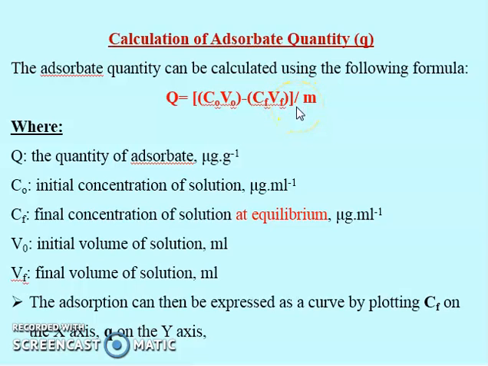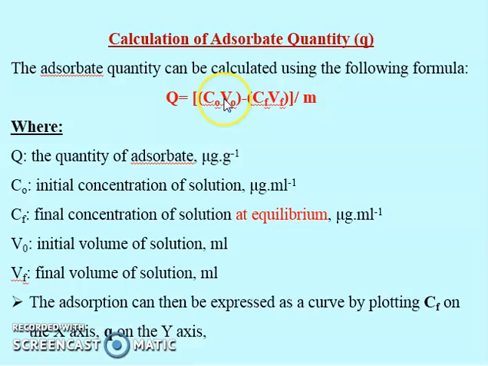Q will equal 10 microgram per gram if the first concentration is 10 microgram per liter, the final is 8 microgram per liter, and the final volume is 50 milliliters. The weight used is 10 grams.